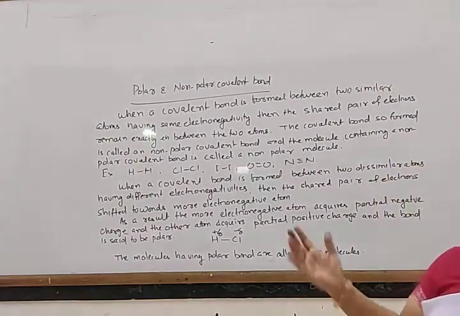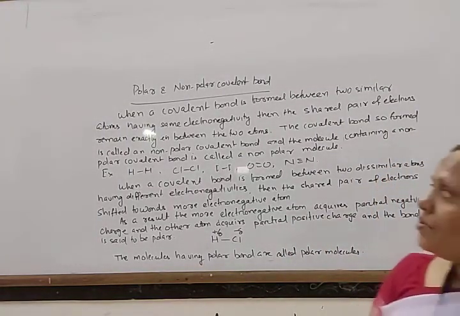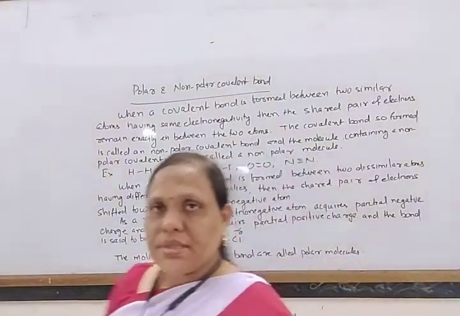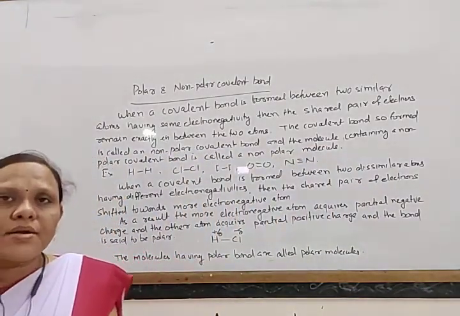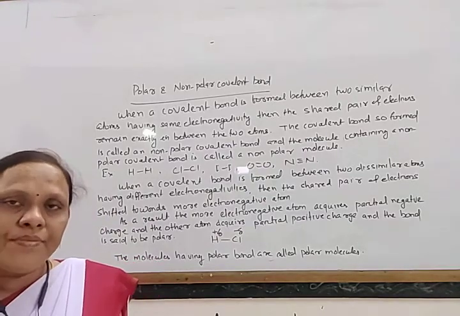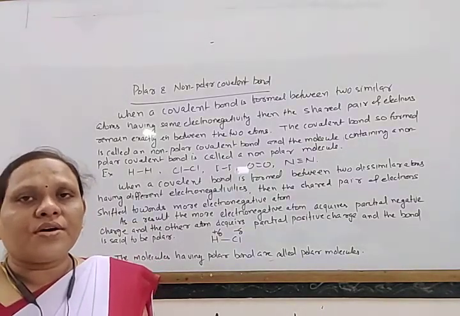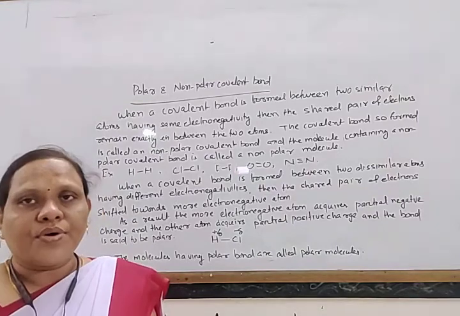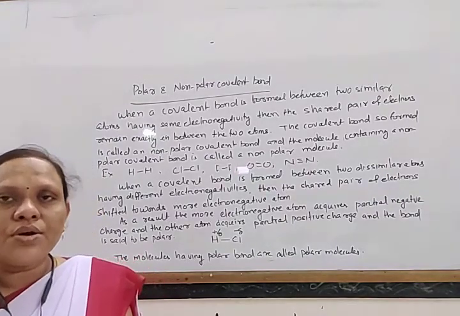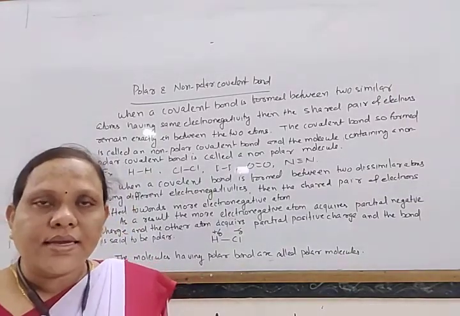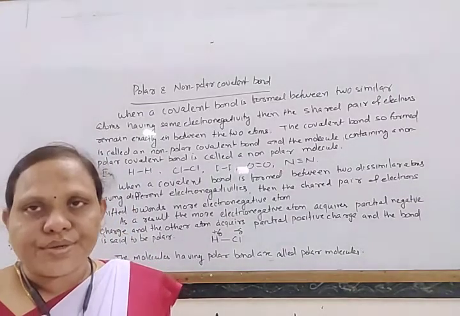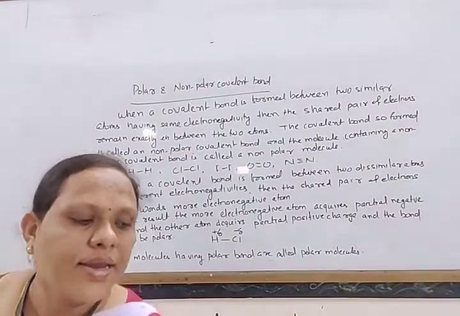When a covalent bond is formed between two similar atoms having the same electronegativity, the shared pair of electrons remains in between them. That type of bond is called a non-polar bond, and the molecule is called a non-polar molecule. All homodiatomic molecules are non-polar in nature.